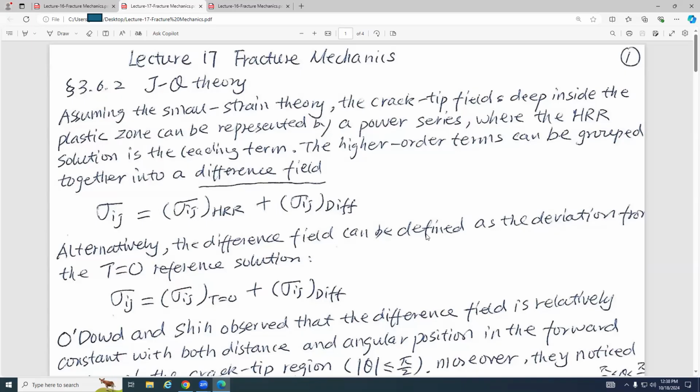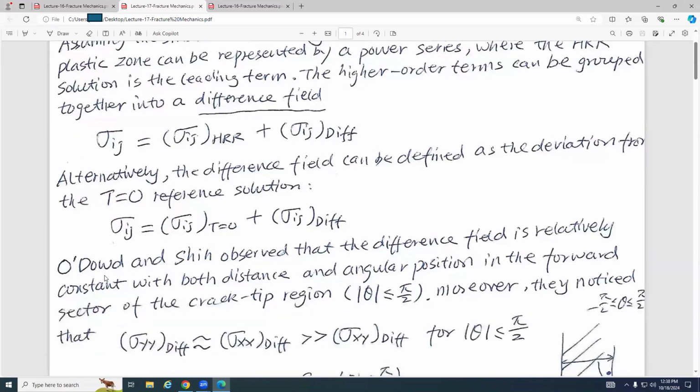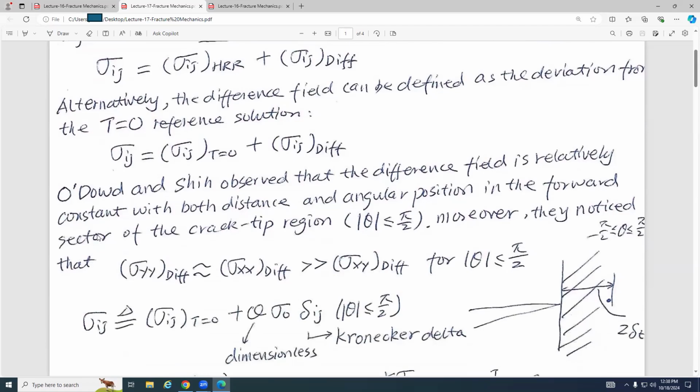That is different from the KT model. So sigma ij equals sigma ij at T = 0 plus sigma ij diff.